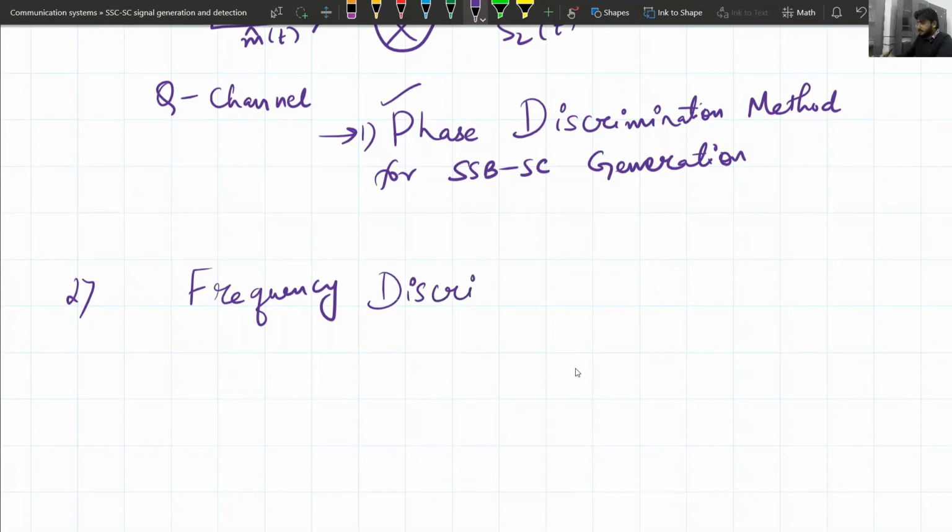Frequency discrimination method for SSB-SC, single sideband suppressed carrier generation.